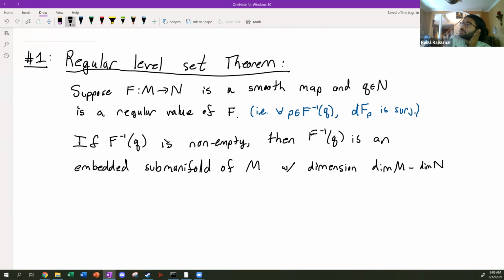So for this problem, because you want to use the fact that M is an embedded m-dimensional submanifold, so that is to say, there's a map from M into R^n that is an embedding. So everywhere its differential is in particular surjective.